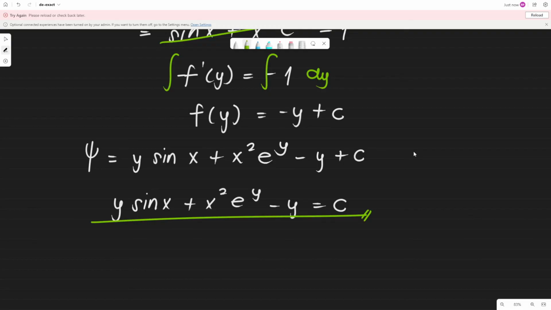And it would be a headache to get the value of y from e raised to y. We would need the natural logarithm, which makes our equation more complicated. So this is what we do in exact equations. However, when it can be expressed in terms of y, express it in terms of y.